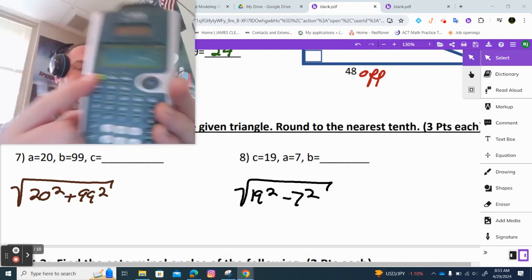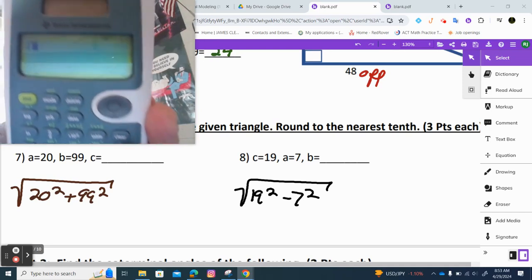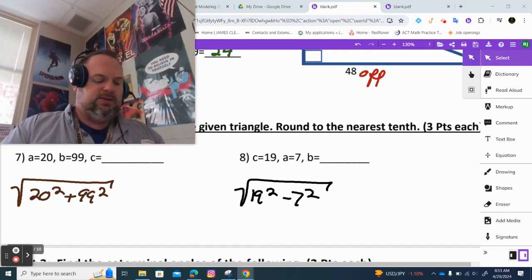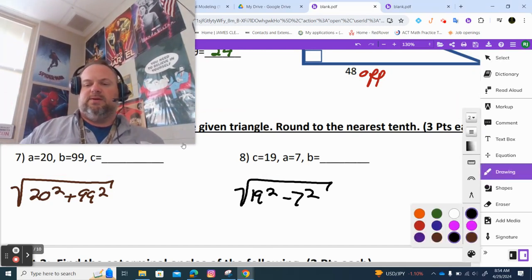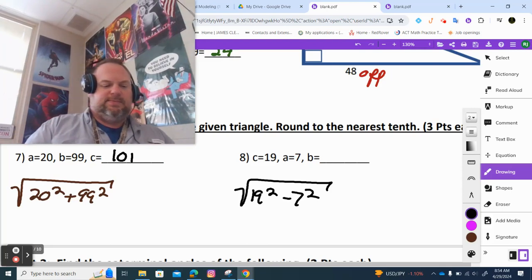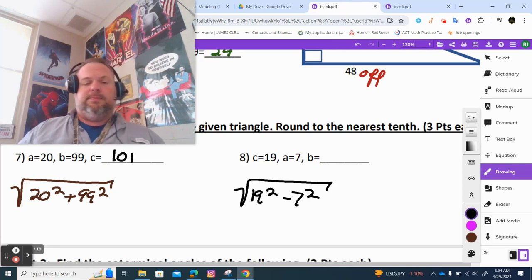All right. So second x squared. That's how we get the square root right there. Then 20 squared plus 99 squared. For this one, we get 101. And then over here, 19 squared minus 7 squared. Wow.